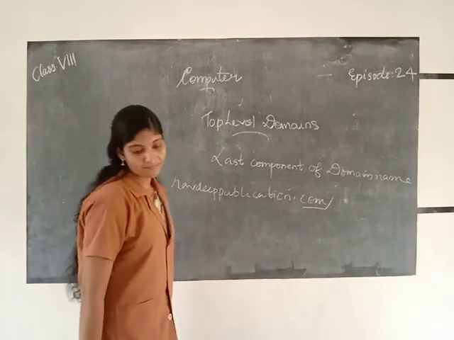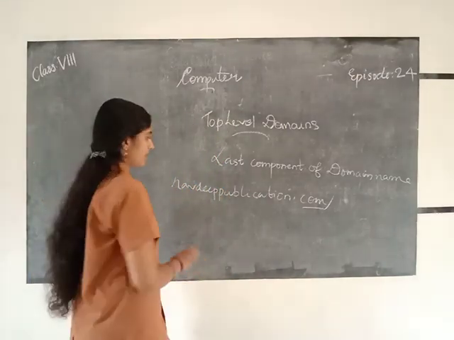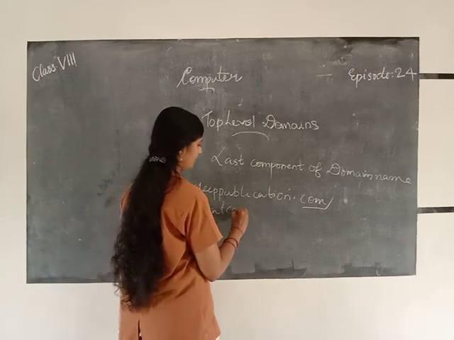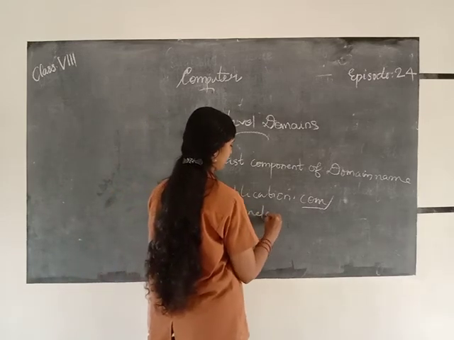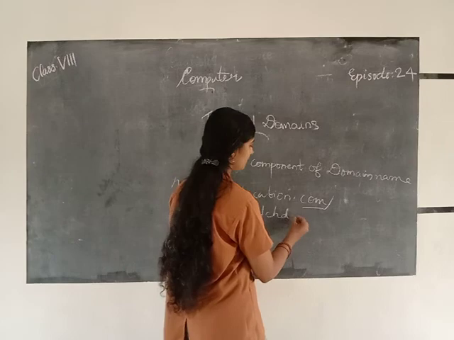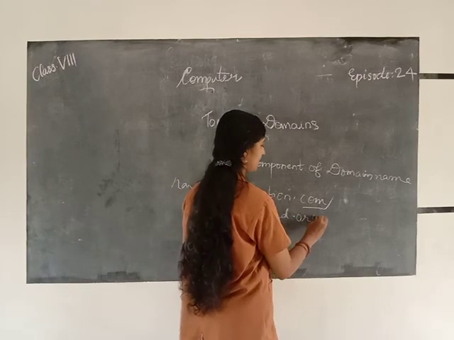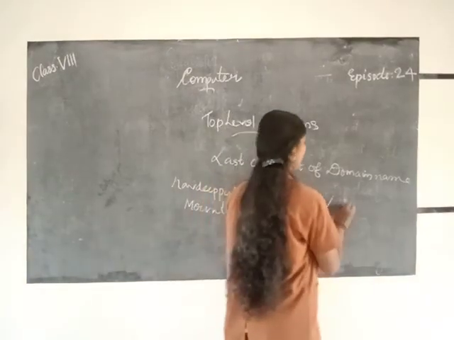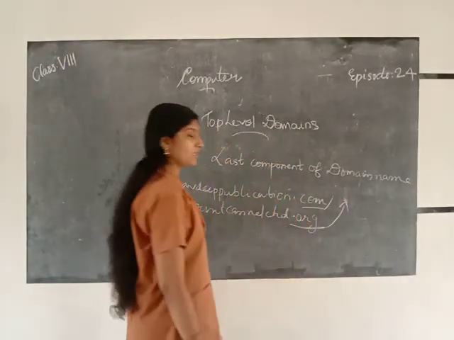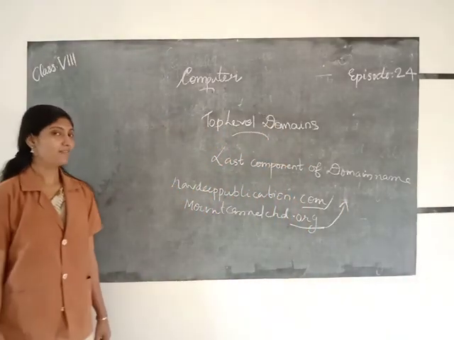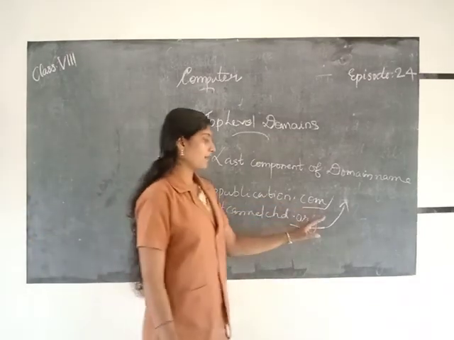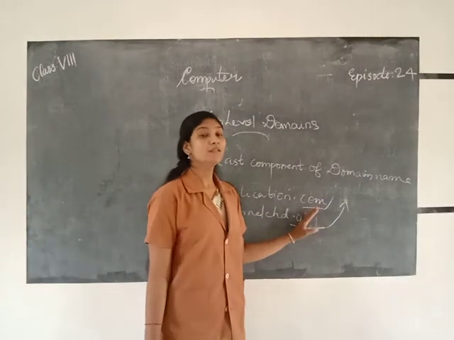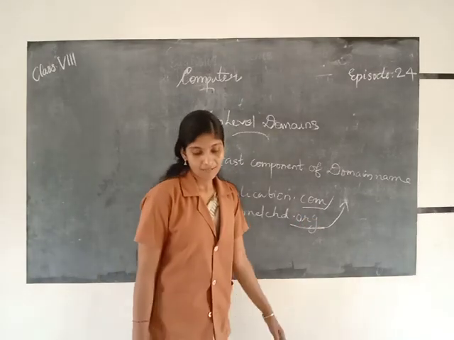Another example, mountcarmelcht.org. Here org is the top level domain. So .com and .org are top level domains.